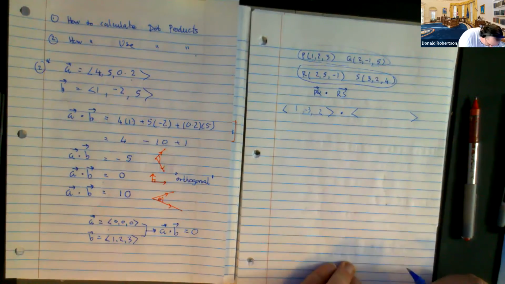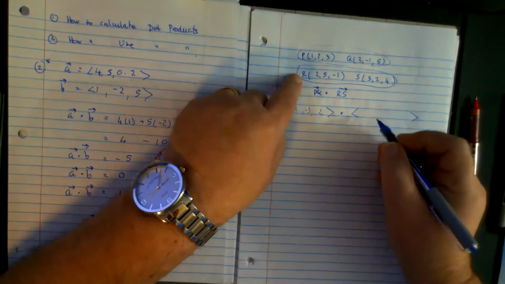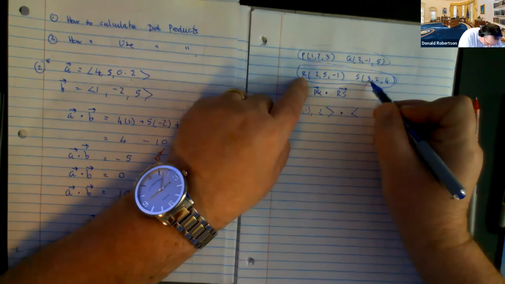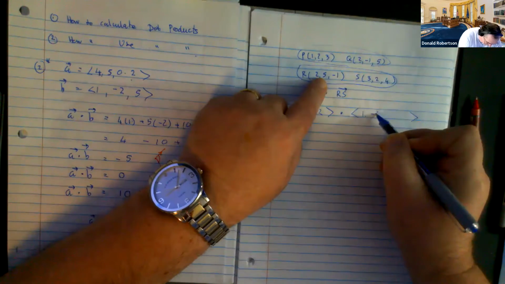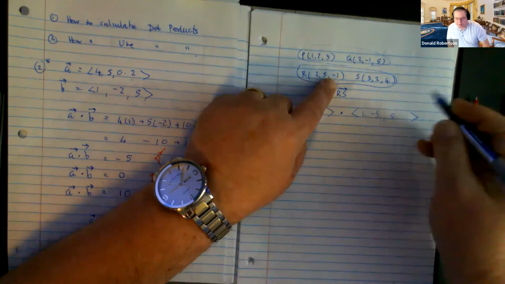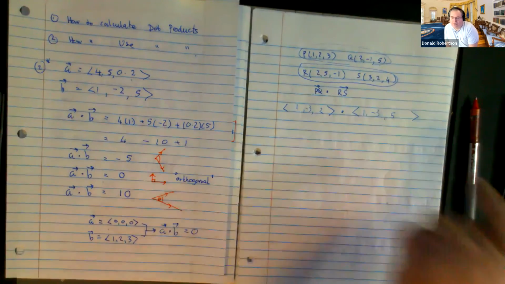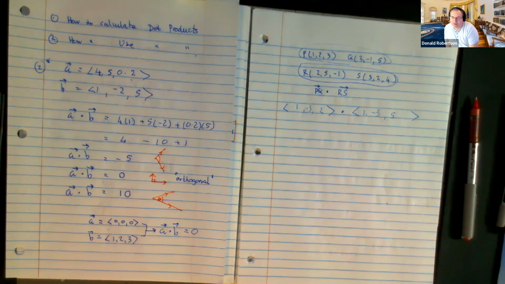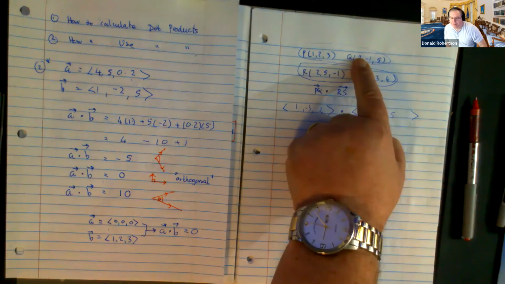You want RS then. Second guy take away the first, second guy take away the first, second guy take away the first. Are you comfortable about that shortcut on finding the vectors joining PQ and RS? Second guy take away the first, and same for the other.